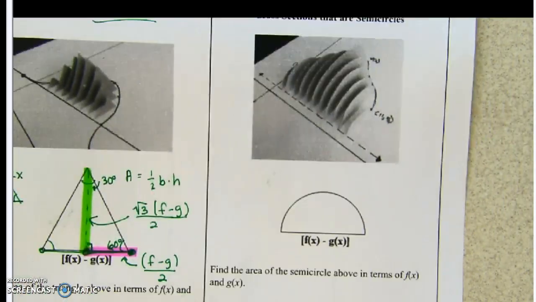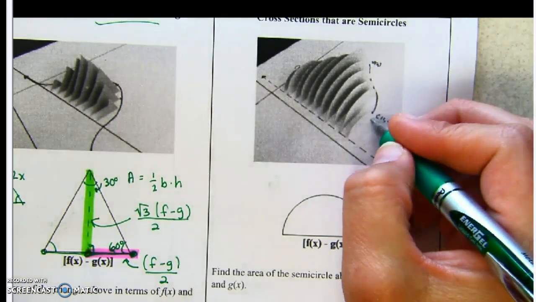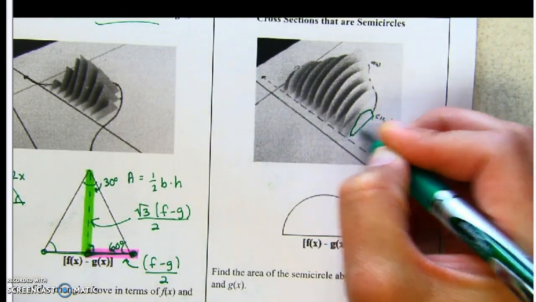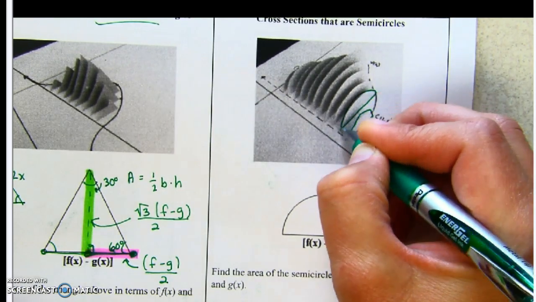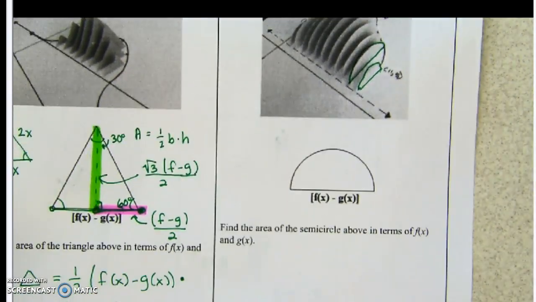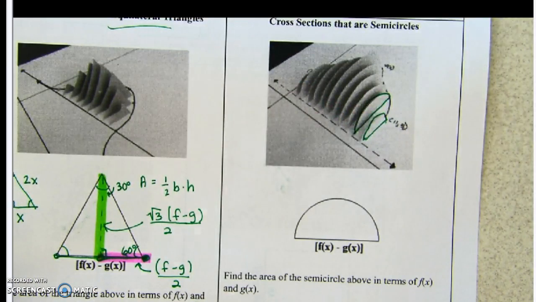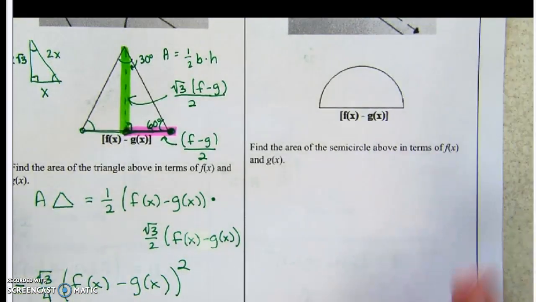All right, last one. Half circle, semicircle. This one's neat. I have some real life examples to show you in class. That would be a curved shape, whereas this is a sharp one. What's the area of one circle?